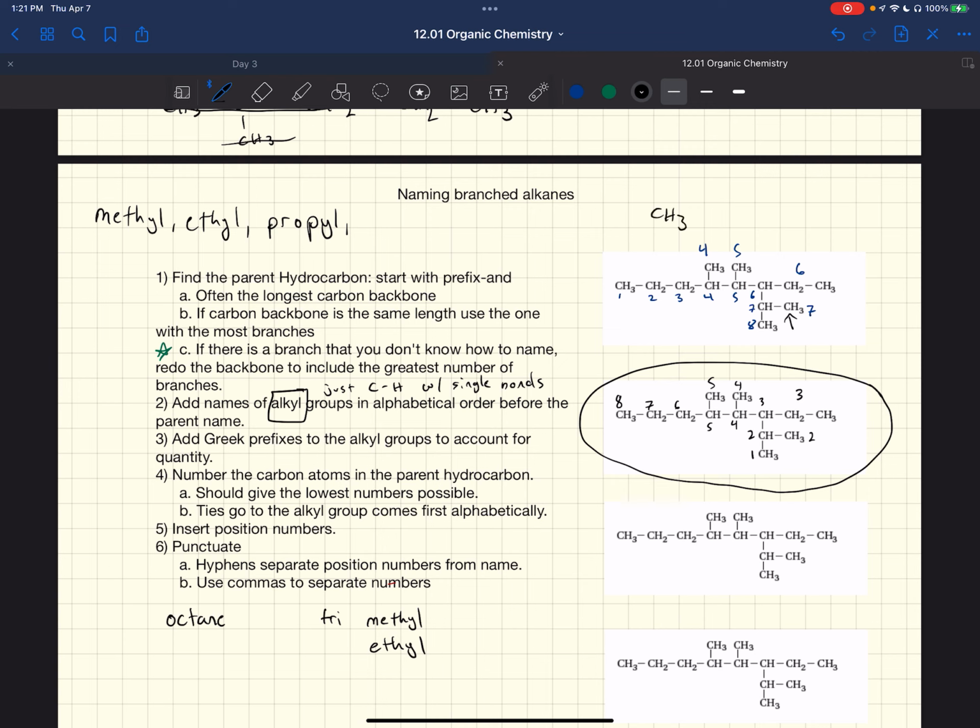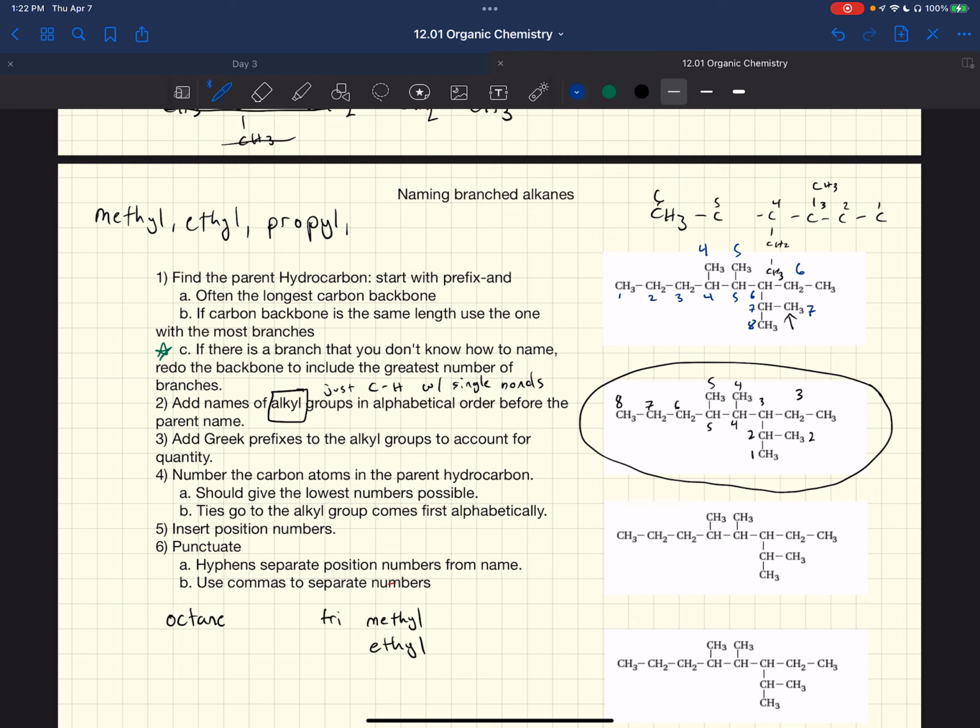If there's a tie, let's say that we had a CH3, a CH, CH2, CH2, with a methyl group here and an ethyl group here.